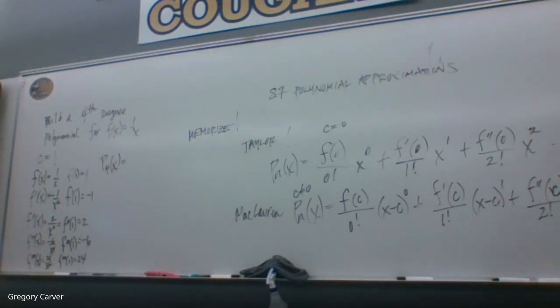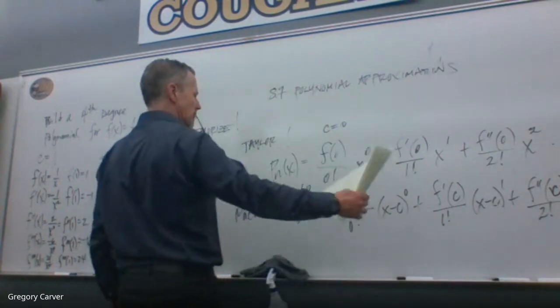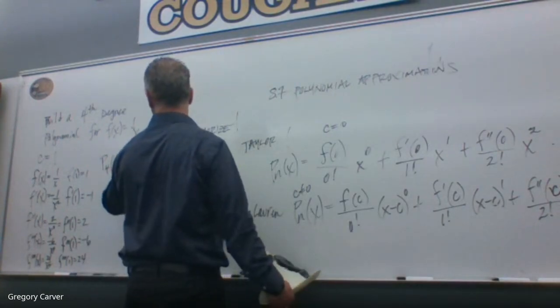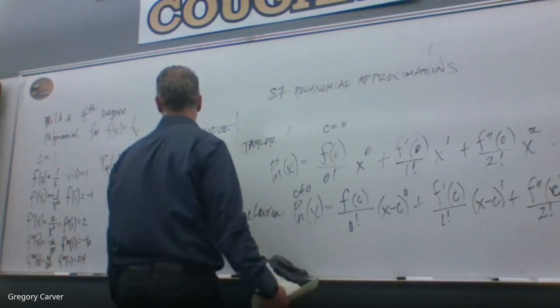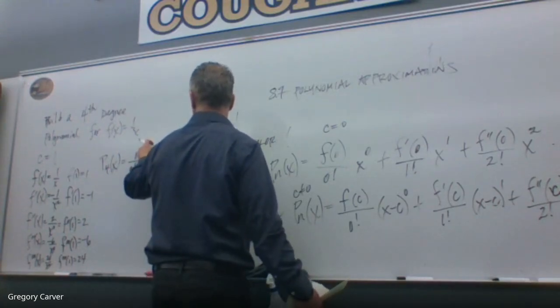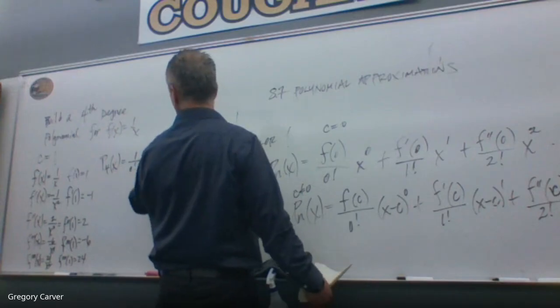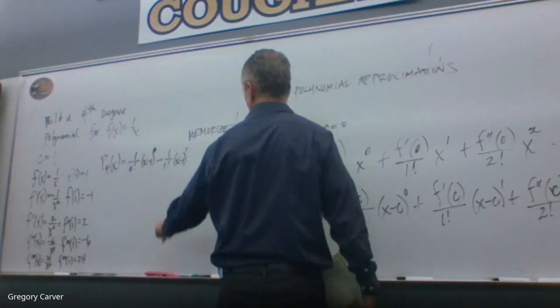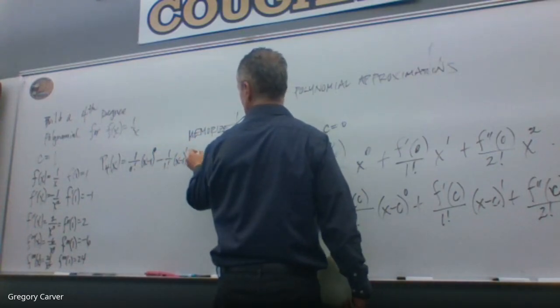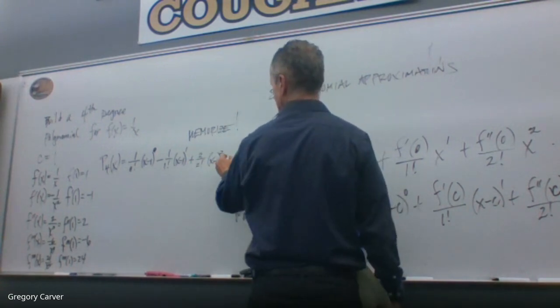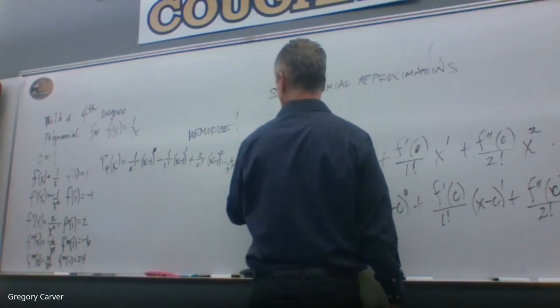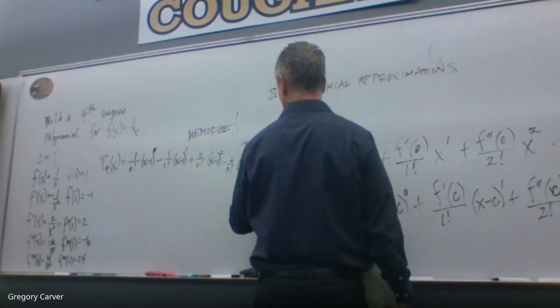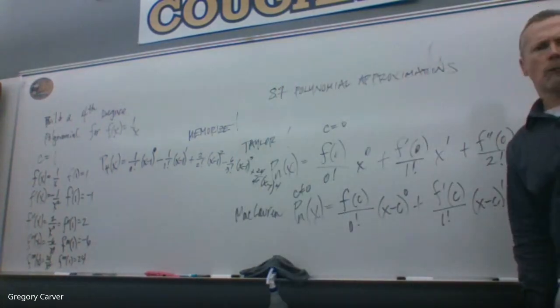All you got to do is build it into this formula, and you got it. p sub 4: 1 over 0 factorial x minus 1 to the 0 power, minus 1 over 1 factorial x minus 1 to the first, plus 2 over 2 factorial x minus 1 to the second, and minus 6 over 3 factorial x minus 1 to the third, plus 24 over 4 factorial x minus 1 to the fourth.